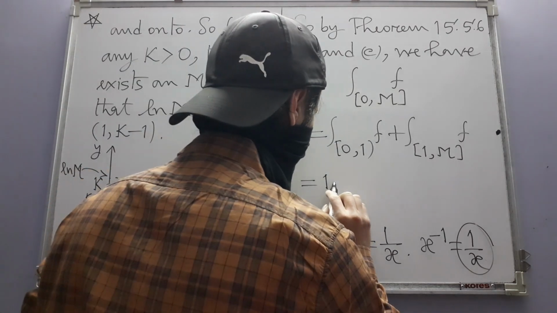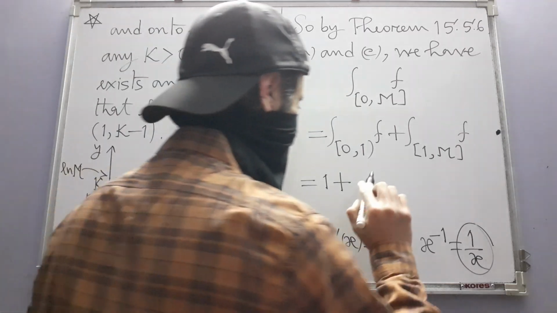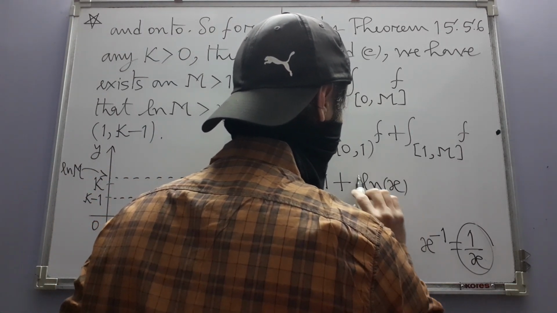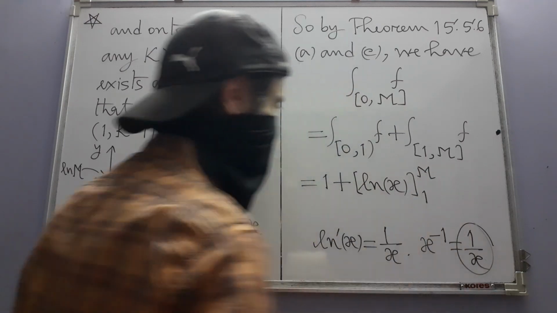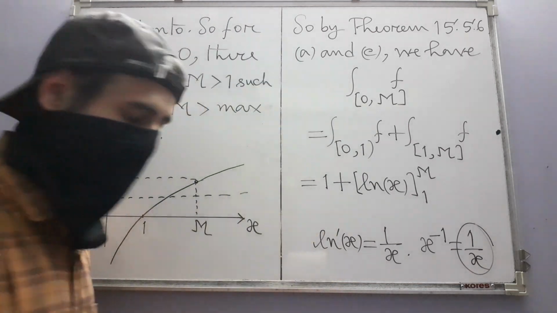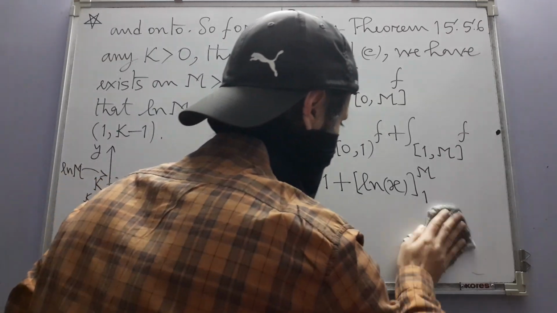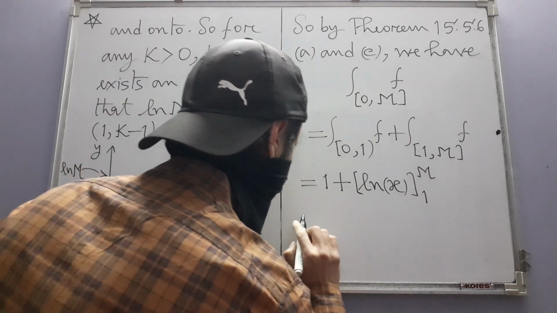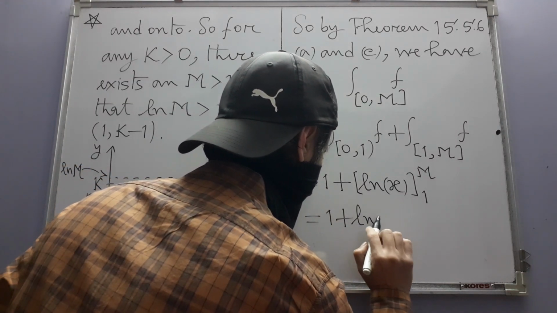So if you again use your fundamental theorem of calculus, the second one, it's just going to be ln of x evaluated at these limits. So this will be 1 plus ln of m.